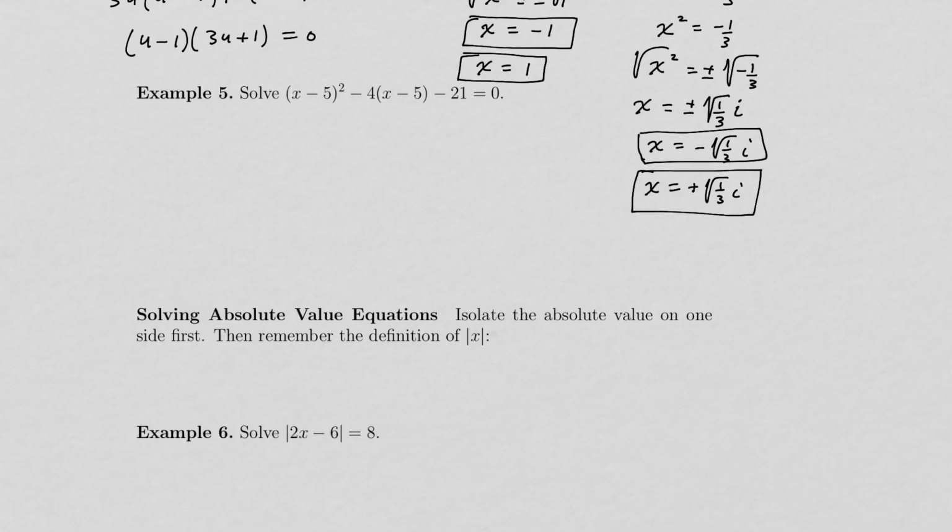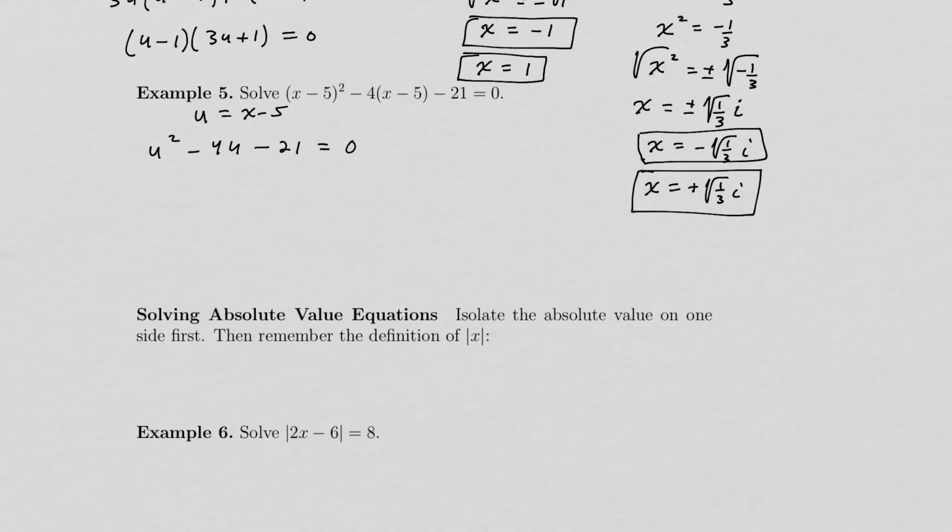But an easier way, if you recognize the form here, this is already quadratic in form, right? If we make the substitution, u is equal to x minus 5, then I can write this as u squared minus 4u minus 21 is equal to 0. I can solve it for u, and then I'll go back and plug in x minus 5 for u, and then solve it ultimately for x. Okay, so this will probably be a little bit quicker.